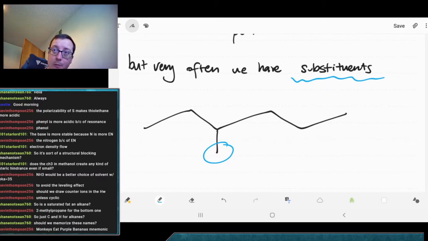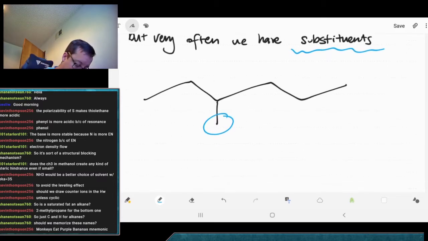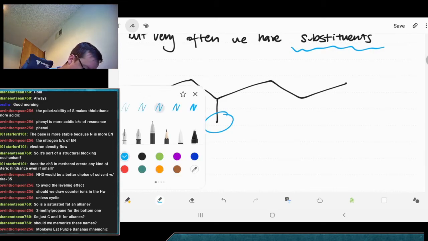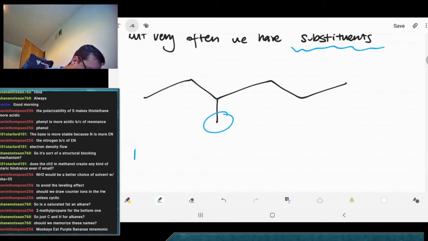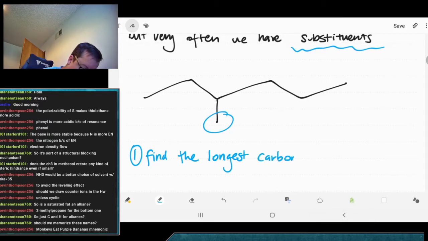And so, we're going to see that when we are going to learn how to name these, our very first rule is we want to find the longest carbon chain within your molecule. And so, technically we have options here, but I've drawn it in such a way that it should be obvious.